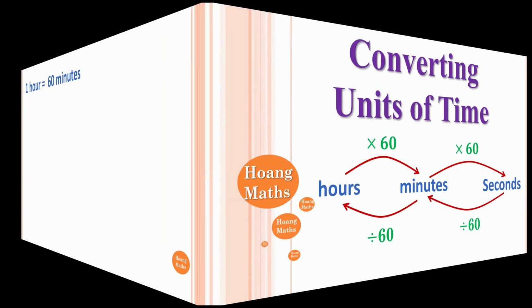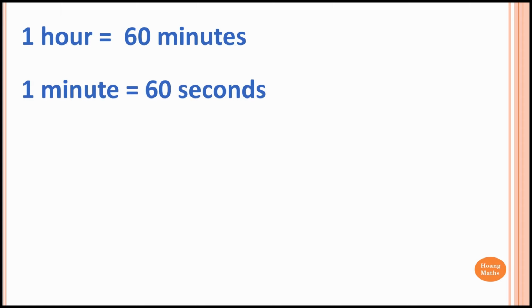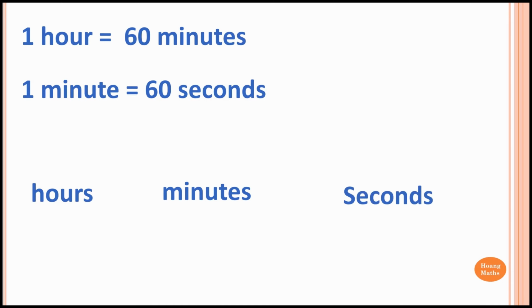We know that 1 hour is equal to 60 minutes and 1 minute equals 60 seconds. Or we can write like this: hours, then minutes, and then seconds. So from hours to minutes, we times by 60.